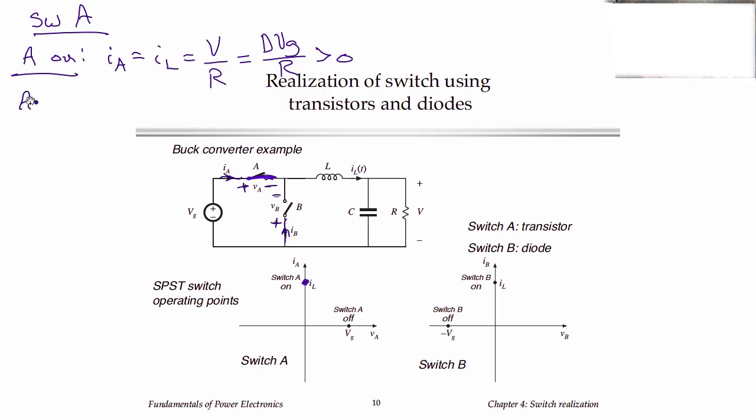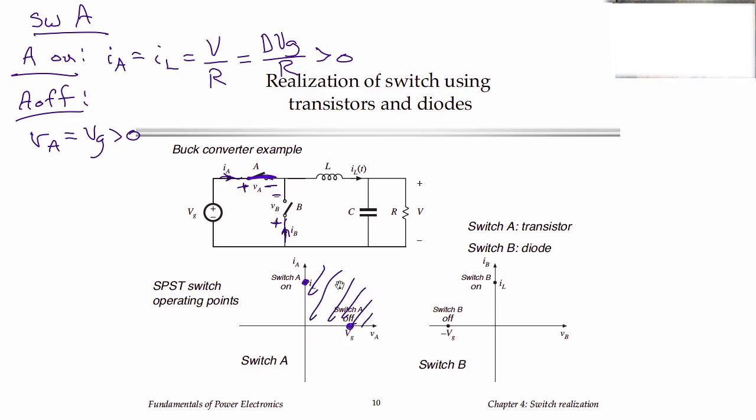When A is off, what voltage does it have to block? Well, when we turn A off, we turn switch B on. And with A off and B on, the voltage VA is equal to VG. And that's a positive quantity. So when the switch is off, it blocks a voltage VG. So the on-state current and the off-state voltage are both positive.